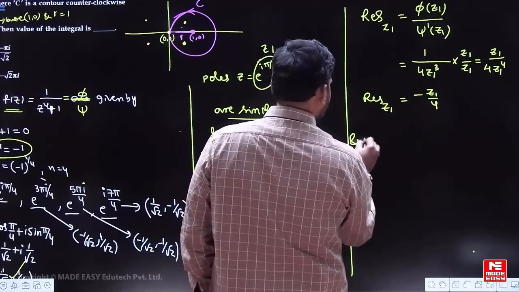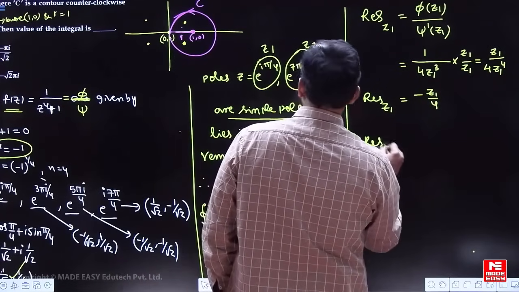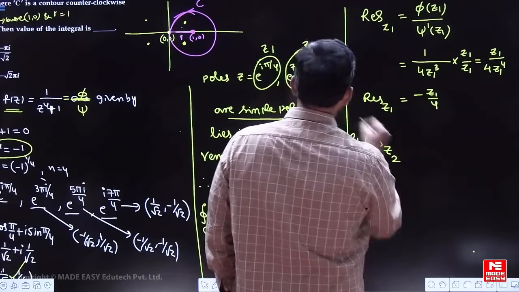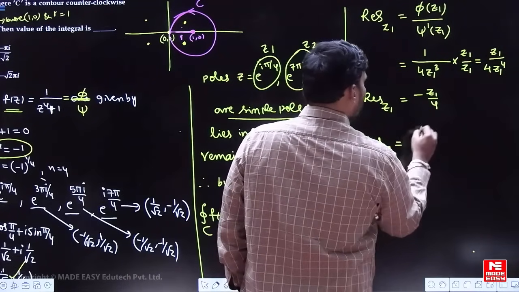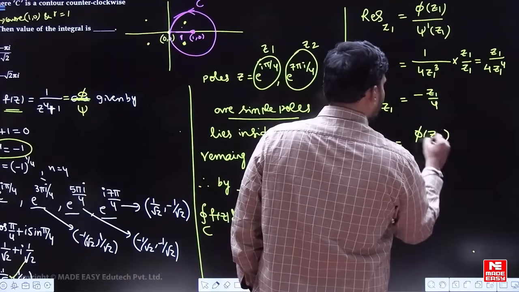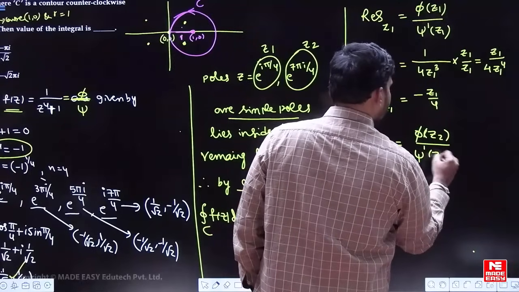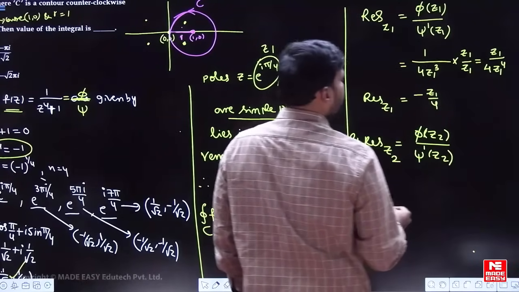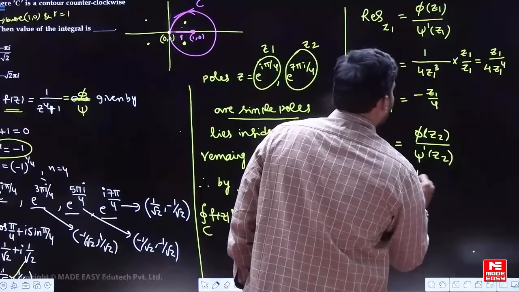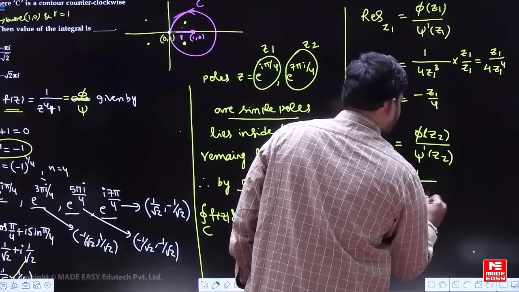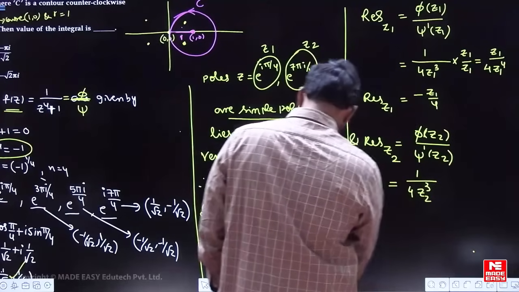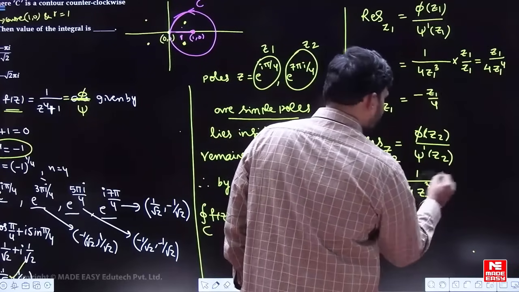Now, the residue at z2 is given by φ of z2 by ψ dash of z2, which gives you 1 by 4 z2 cube.